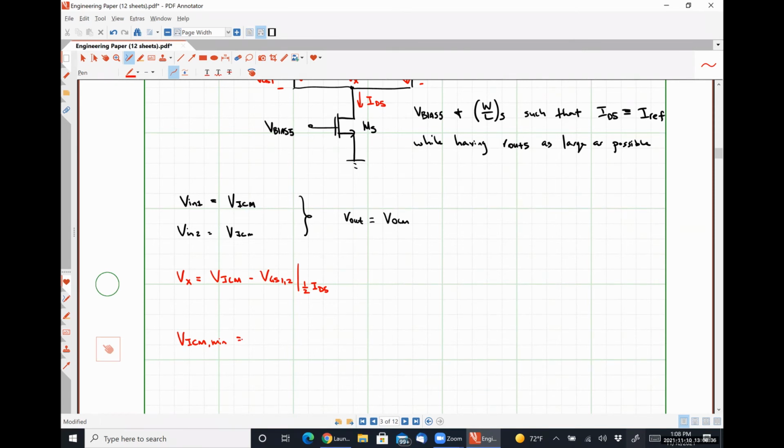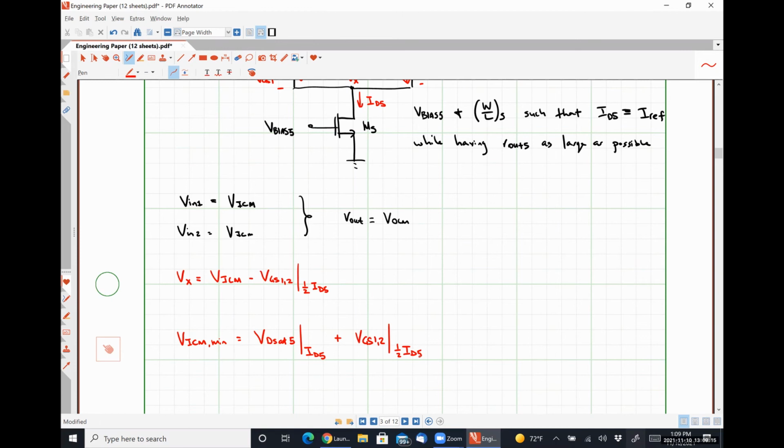And that will simply be VDsat5 when it carries a current of ID5, plus VGS12, where this value is calculated when transistors M1 and M2 are carrying a current of 1/2 ID5.